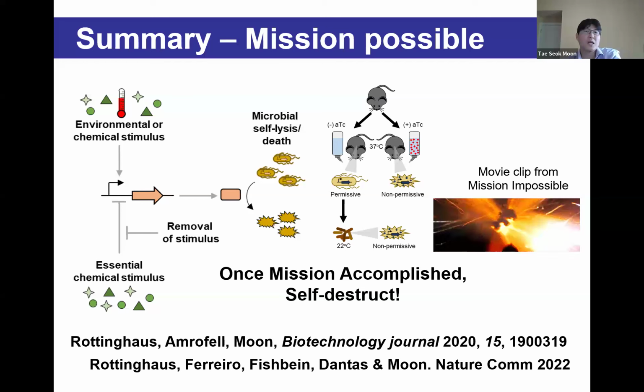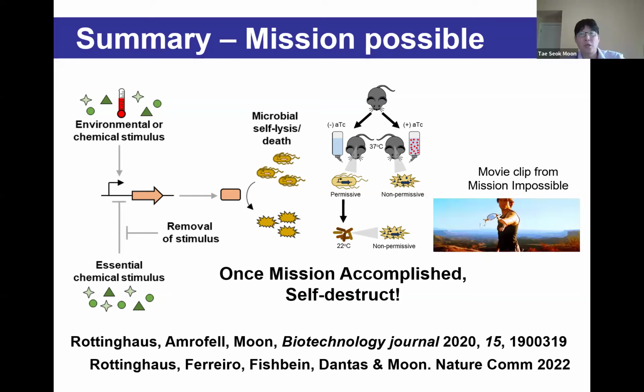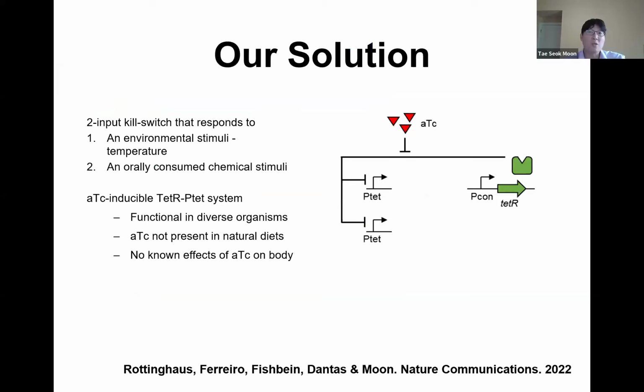So since we started this probiotic project, we started to consider this biocontainment strategy, and we tried multiple different ones, including, of course, the kill switch development. And let me explain how we develop this kind of kill switch. During this more than 10 years of time frame, unfortunately, a lot of people also tried to develop kill switches.